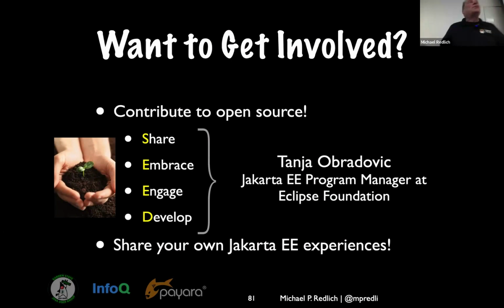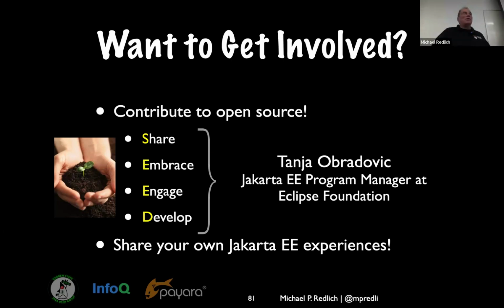One thing about open source is there seems to be a misconception that you only have to contribute code. That's not true. The spec leads and the contributors appreciate things like fixes to shell scripts, which I did once, and also documentation. If you look at the documentation and see something wrong, whether it's grammatical or spelling errors, you can fix that.